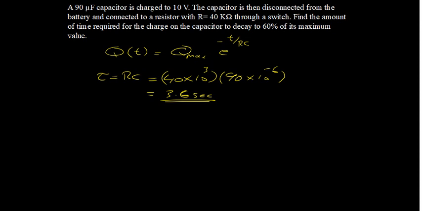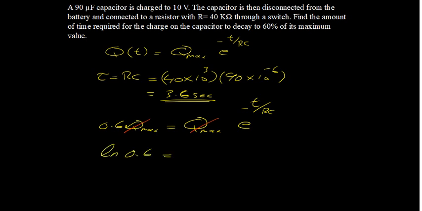So we can say 0.6 of Q max equals Q max exponential of minus t over RC. Now the Q max cancels on both sides. I will have ln 0.6 equals ln of exponential of minus t over RC.